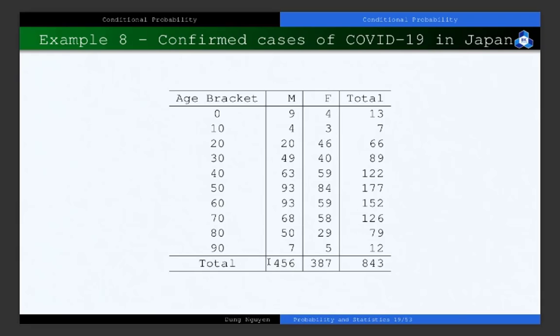So that is the probability of F. Now, what is the probability that the patient is male, given the fact that the age is between 10 and 20? Then we only focus on the second row, and you can say that the corresponding probability is 4 over 7, not 456 divided by 843 any longer.